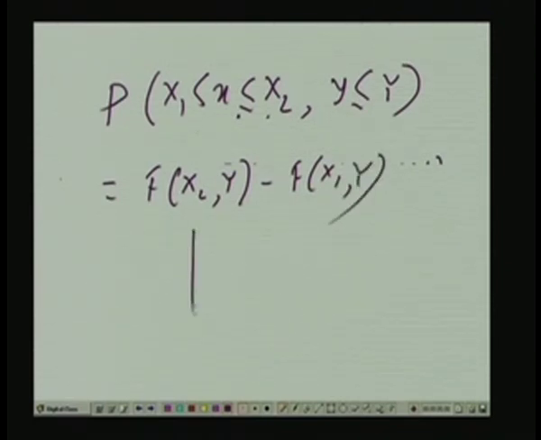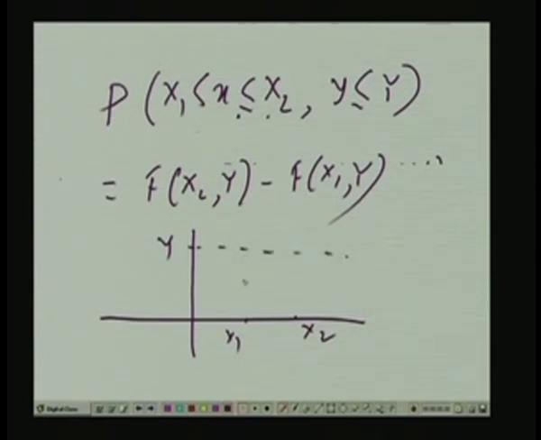In the 2D plane, it means what? Suppose x2 is here, x1 here, and this is y. That means this is the area of interest, where x is less than or equal to x2 and goes up to x1, but does not touch x1, which is greater than x1.